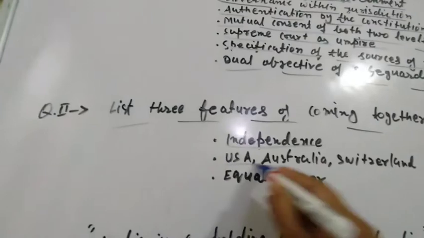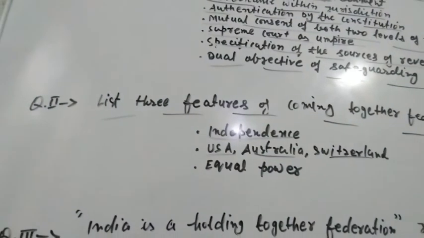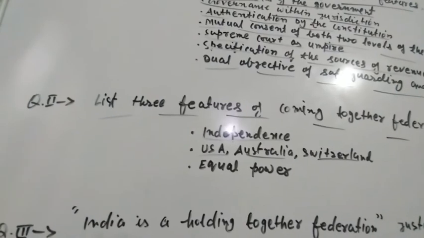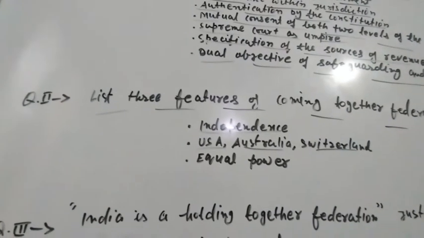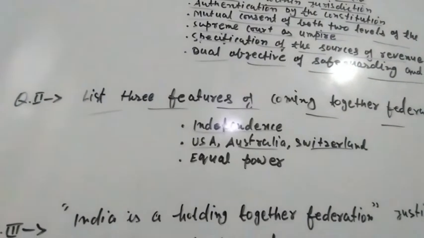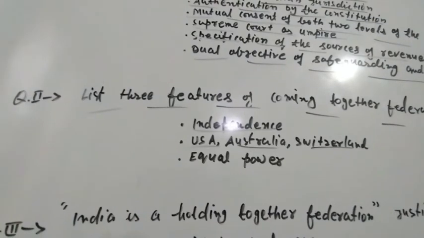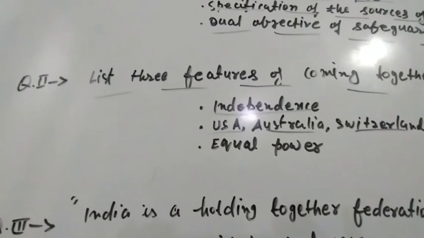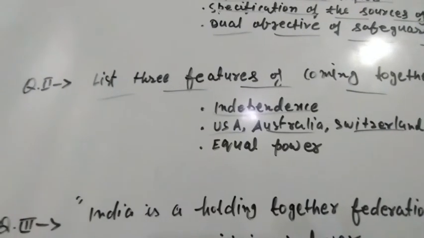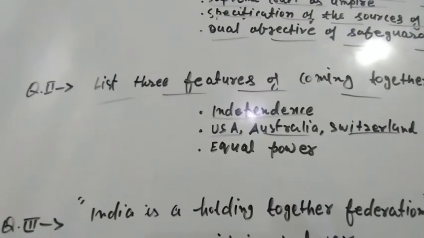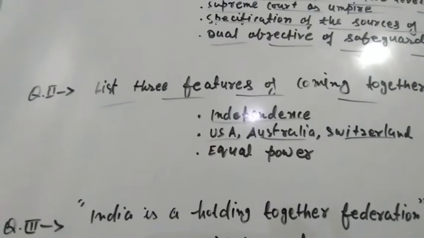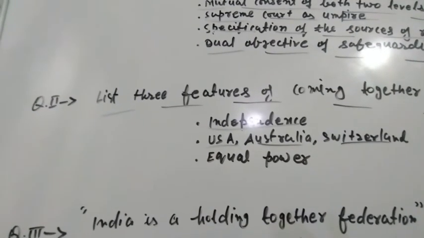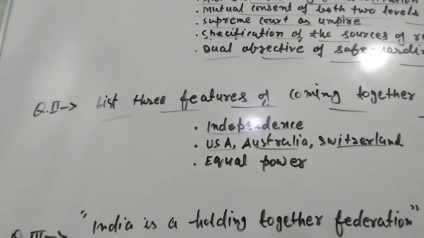Second point is USA, Australia and Switzerland. Countries like USA, Australia and Switzerland have coming together federation. Let me explain it with the example of Switzerland. There are 26 states in Switzerland, and all 26 states are independent. They came together so that all 26 states can make a big country.